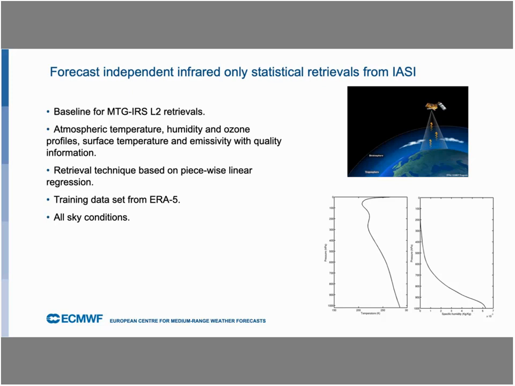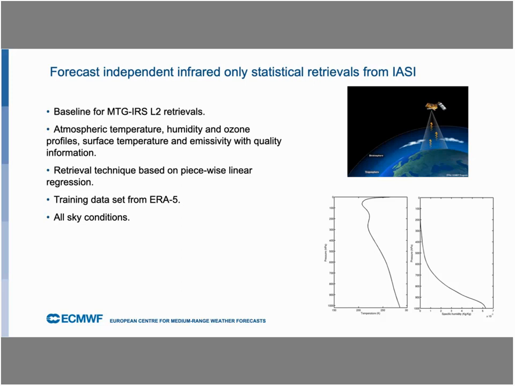But at MTG, where the IRS instrument will fly, there are no supporting instruments available, so the retrievals will be based on infrared only. And the product includes atmospheric temperature, humidity, and ozone profiles, surface temperature, emissivity, and then some quality information.